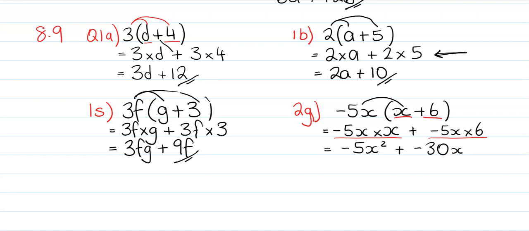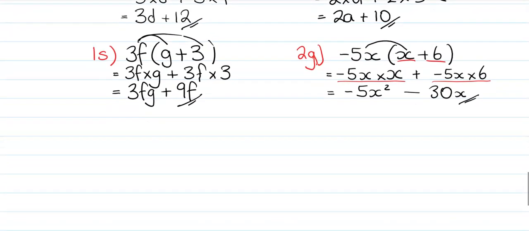A plus and a minus together like that makes a minus. Okay, and you can see we've got 2 terms there. So we started off with 2 terms in the brackets. We're finishing off with 2 terms outside the brackets. All right, let's try another tricky one like that. Let's try 2p.